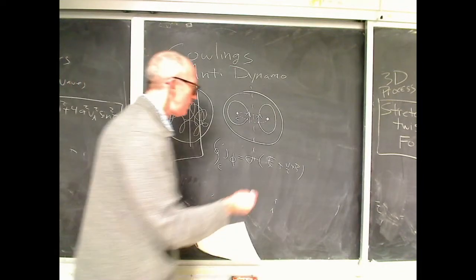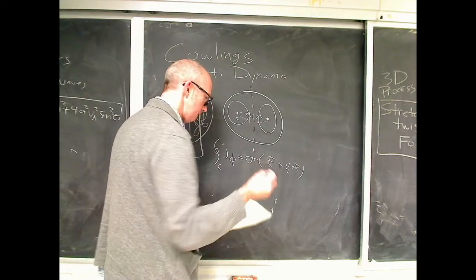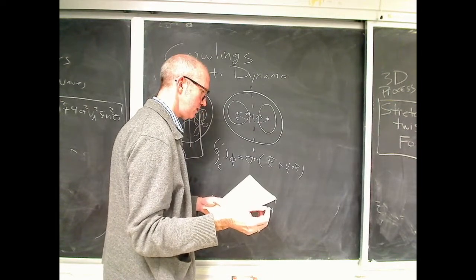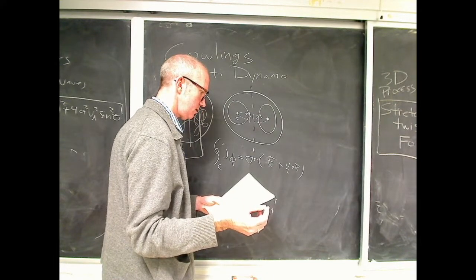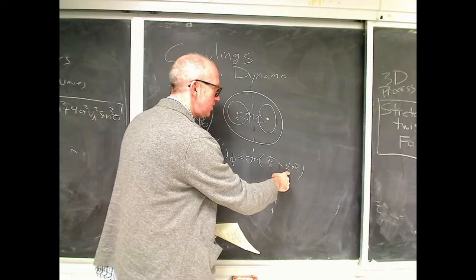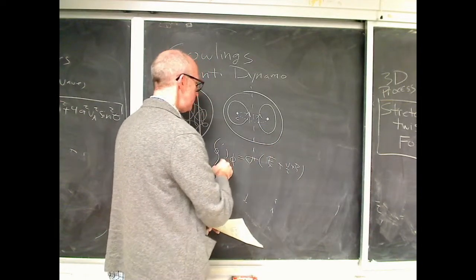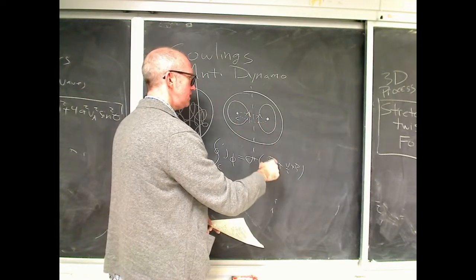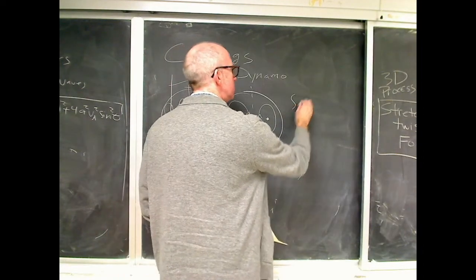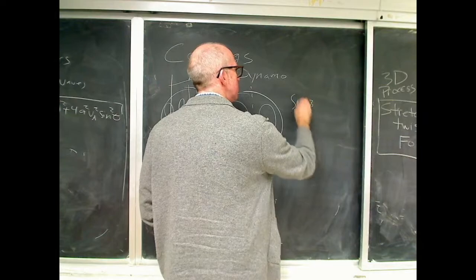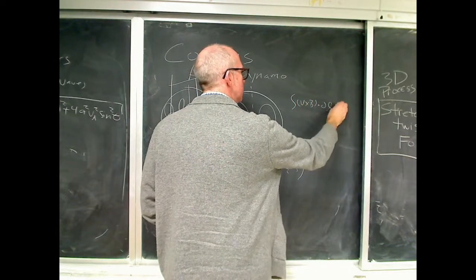Look on the right-hand side, V cross B. Let's integrate along this curve. We'll have a term that looks like the integral of V cross B dot dl.